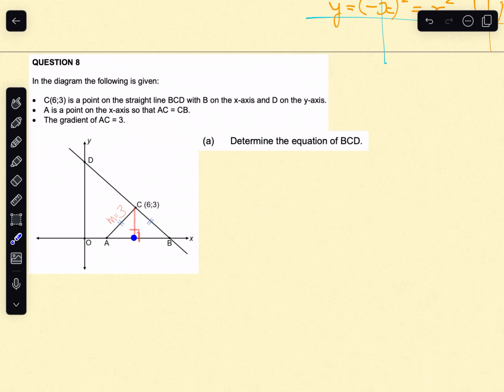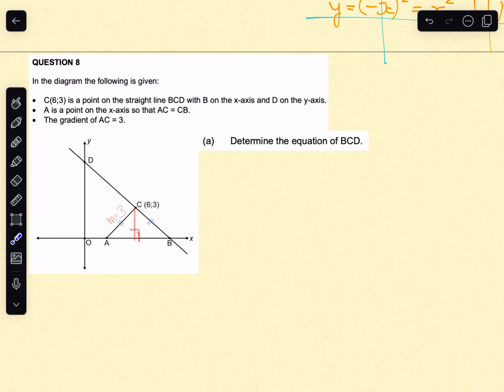We've defined this to be perpendicular to the x-axis, so that's a 90, that's a 90. These two are the same length, and this is a common side to both triangles, so RHS is satisfied.